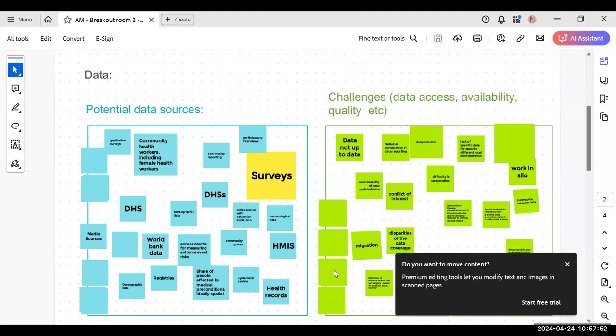Those are the sources we have tried to map. Coming to the challenges: data not up to date, disparities in data coverage, conflict of interest, and a lot of things were mentioned.